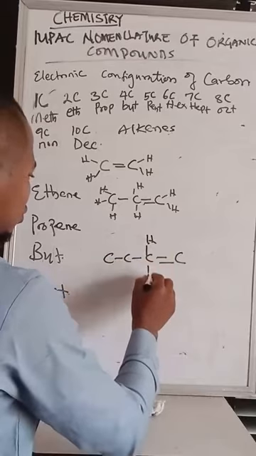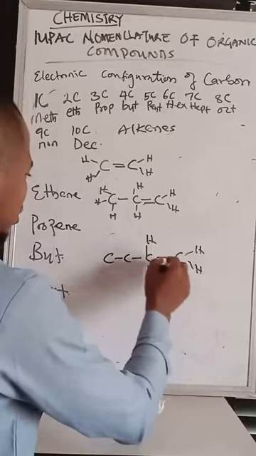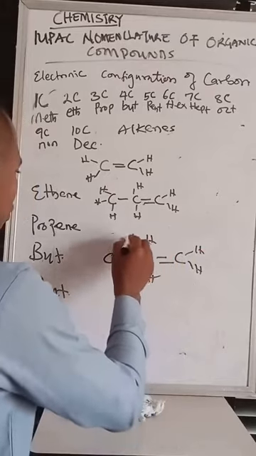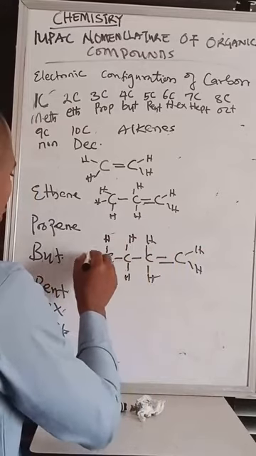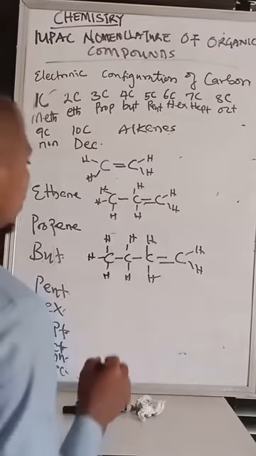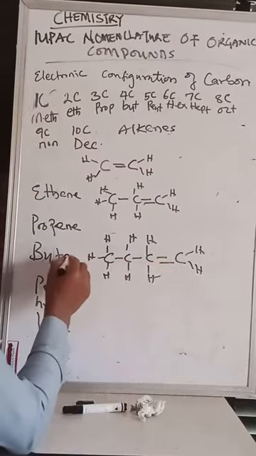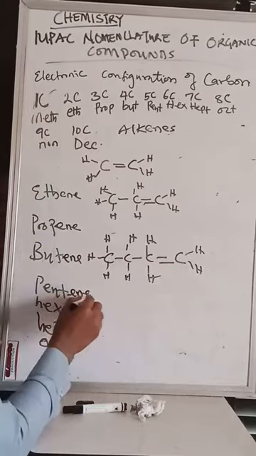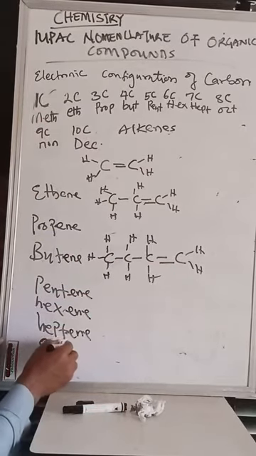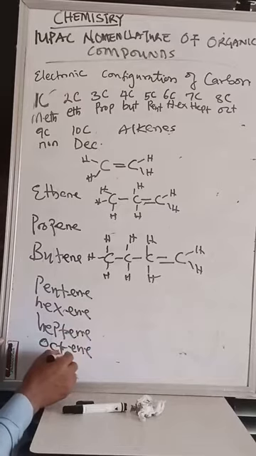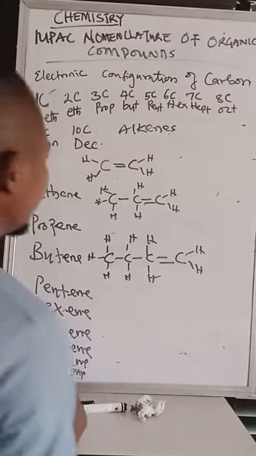This is our but, but it has a double bond, so it's going to be what? Butene. Then I'll have pentene, hexene, heptene, octene, nonene, and decene.